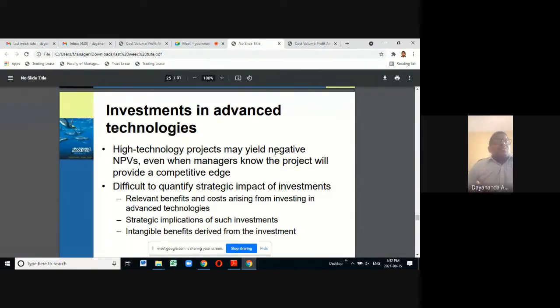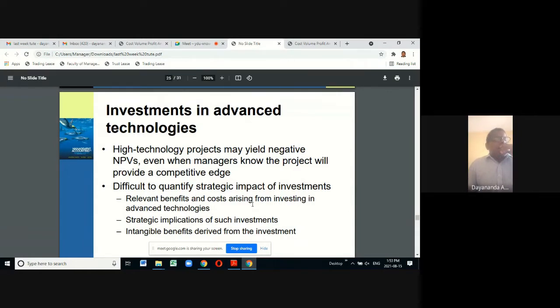High technology projects may yield negative NPV even when managers know the projects will provide a competitive edge, because high technology needs very high investment initially. But the benefits you get from this high technology take time. So when you evaluate projects for 5 years, 10 years, 6 years, you are not considering cash flows after that period. Thereby high technology projects may end up with negative NPV.